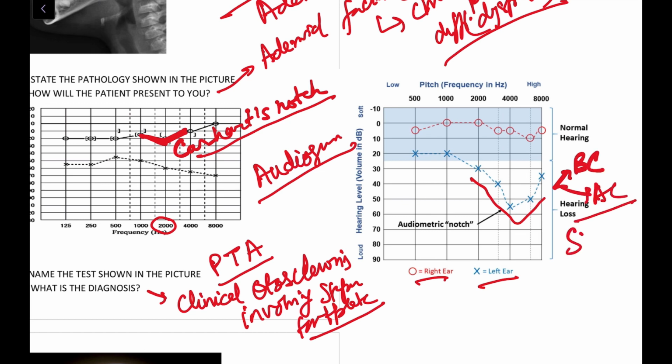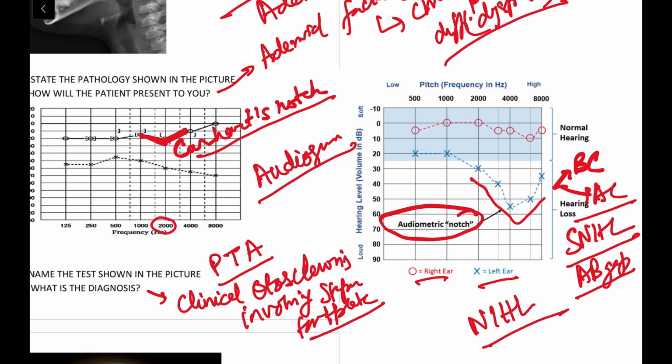So this is a sensory neural hearing loss first of all, and there won't be any AB gap. This is also termed, like the diagram has already shown, an audiometric notch and it is found in noise induced hearing loss. So to give the diagnosis of this picture, this would be a left sided noise induced hearing loss.